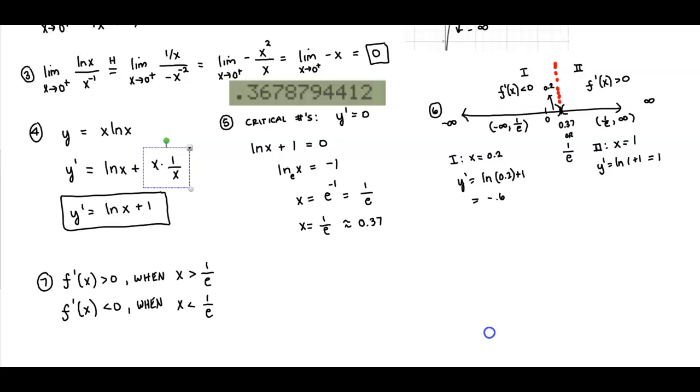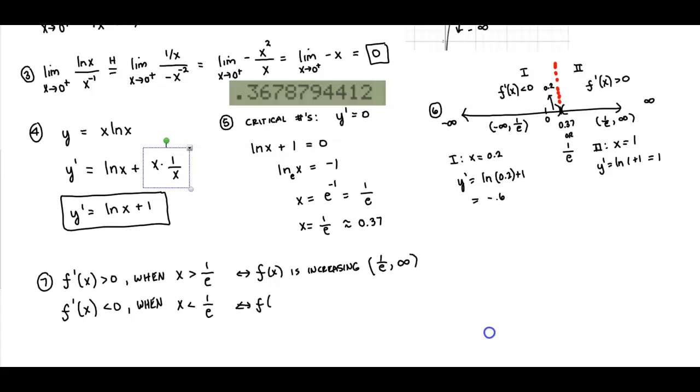Okay, and we know that f of x is going to be increasing on the interval from 1 over e to infinity.